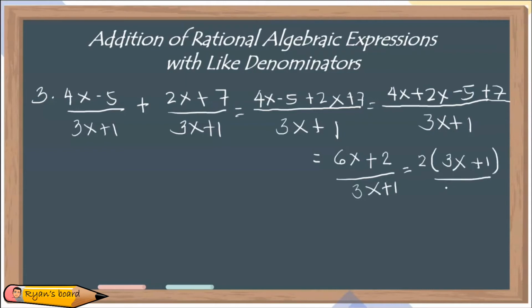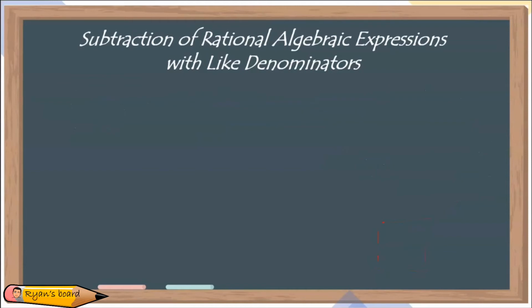Now, you copy 3x plus 1. Kung mapapansin mo, we have common factor, which is 3x plus 1. So, we can cancel out that. Ano na lang natira? That is 2. So, our answer now is 2.